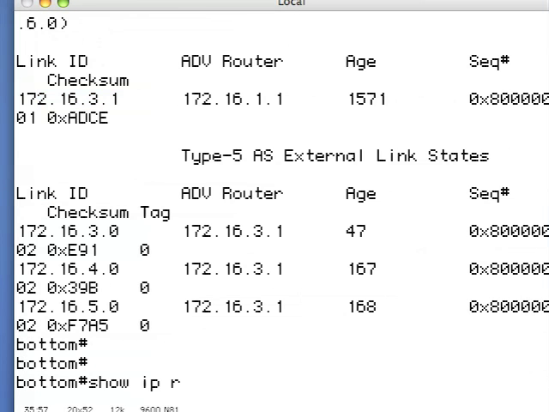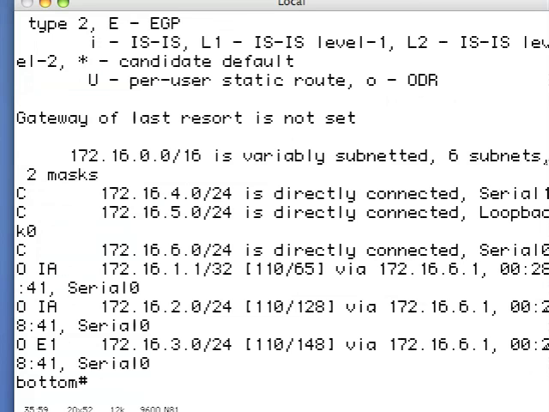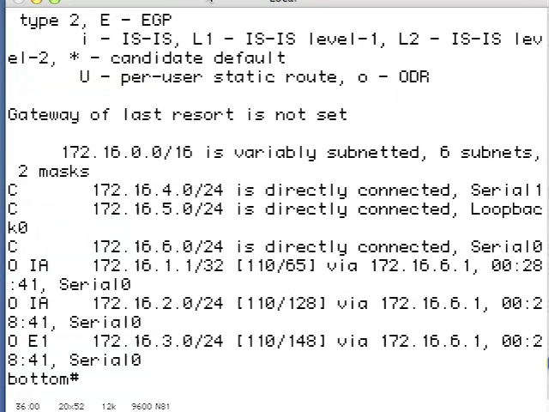Let's look at a route table then. Now, we had 3 external type 5 LSAs for 3 RIP routes that were getting redistributed, but only one of those LSAs was entered into our route table.